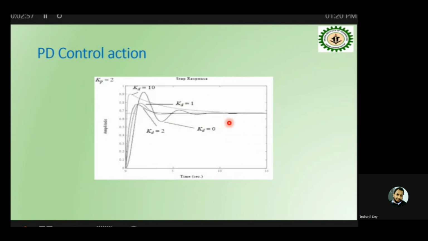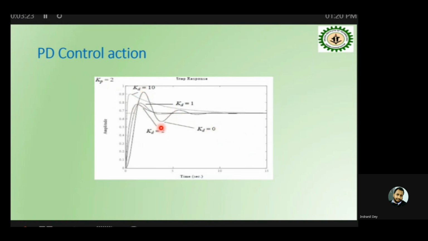Same thing we'll do for PD control. As we told, PD control minimizes the oscillation or overshoot in the response to get a faster response. See, this Kp again we fixed at 2 and gradually we have added Kd. First Kd equal to 0, so we can see more oscillation and more overshoot.